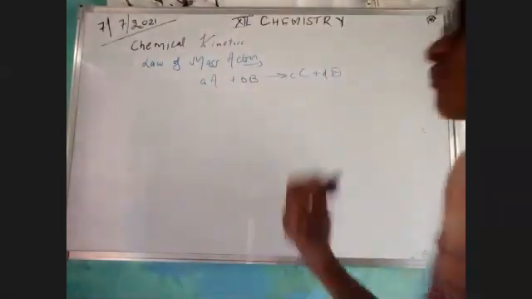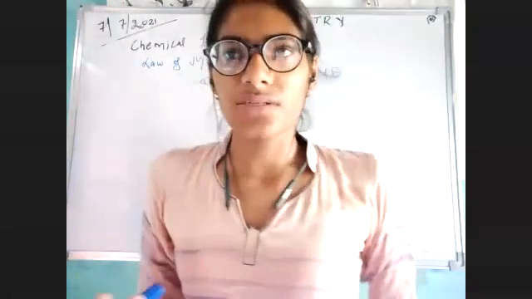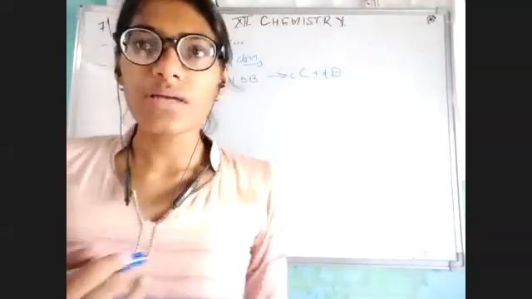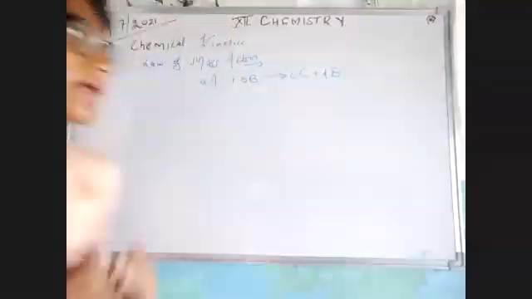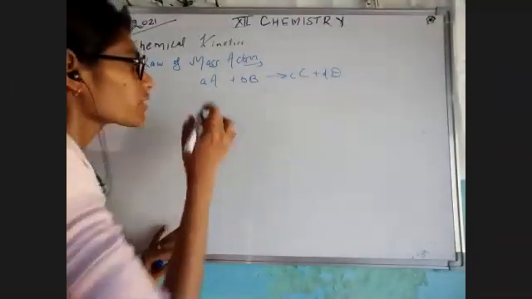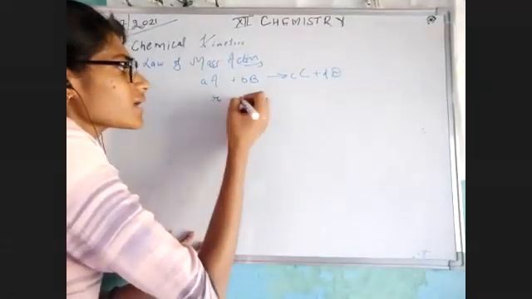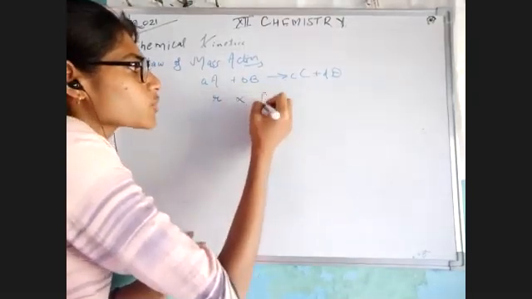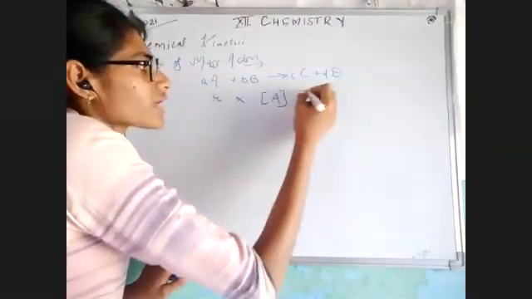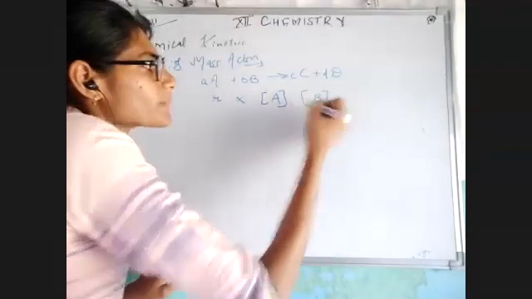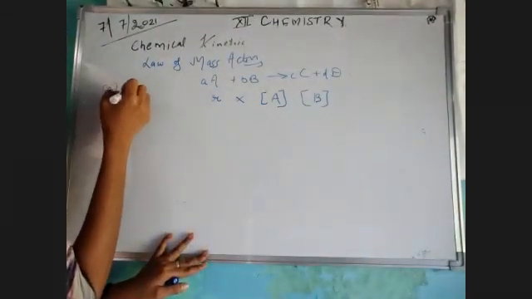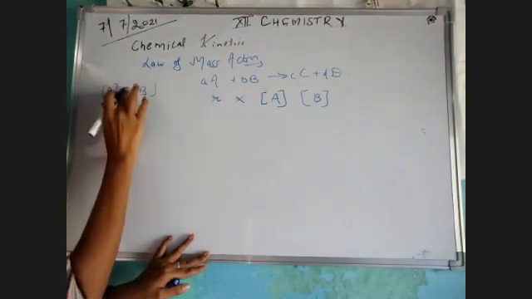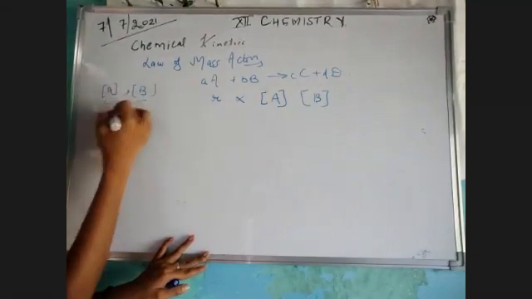How much of reactant A, reactant B is present over there is directly proportional to the speed of the reaction. So according to the first factor, I can say R is directly proportional to the concentration of A or the concentration of B. And the concentration of A and the concentration of B is also called the active mass.